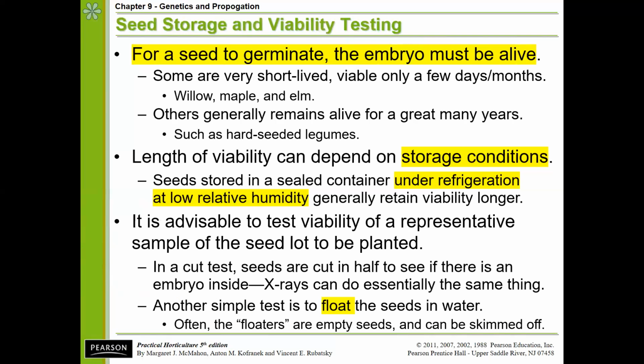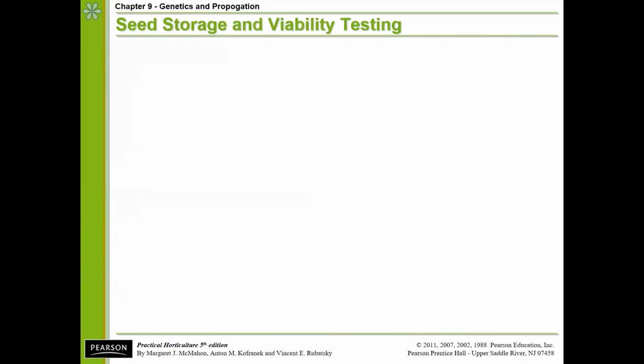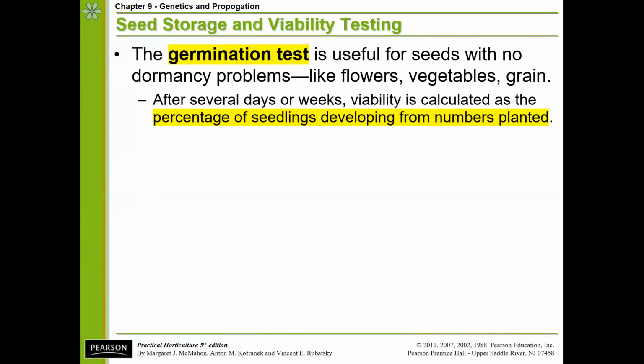Of course, if you're doing the float test, you're actually encouraging germination by increasing moisture. So you really have to plant them soon after they're floated. We also have germination tests where basically we take samples of seed lots and separate them and just count them and see how many germinate.